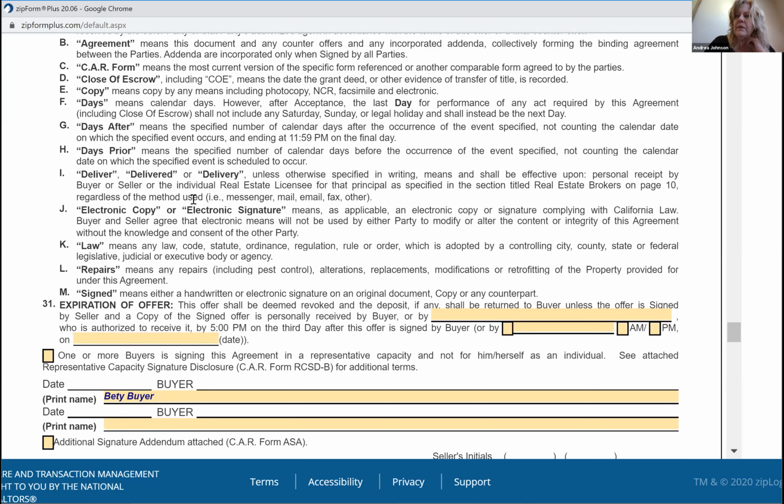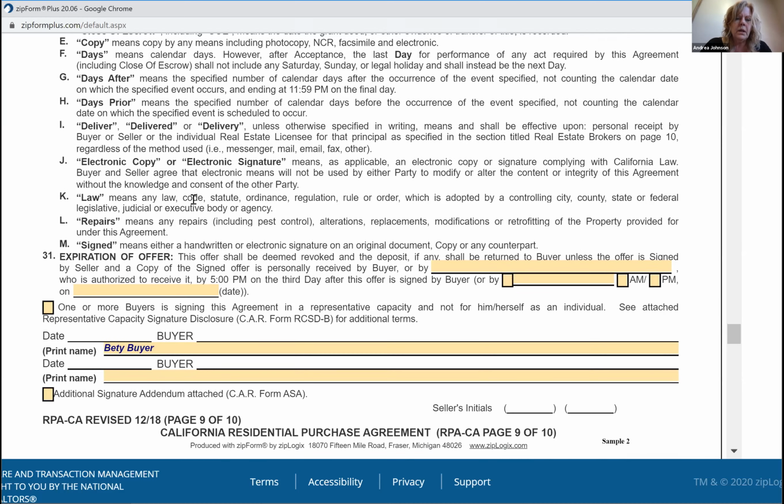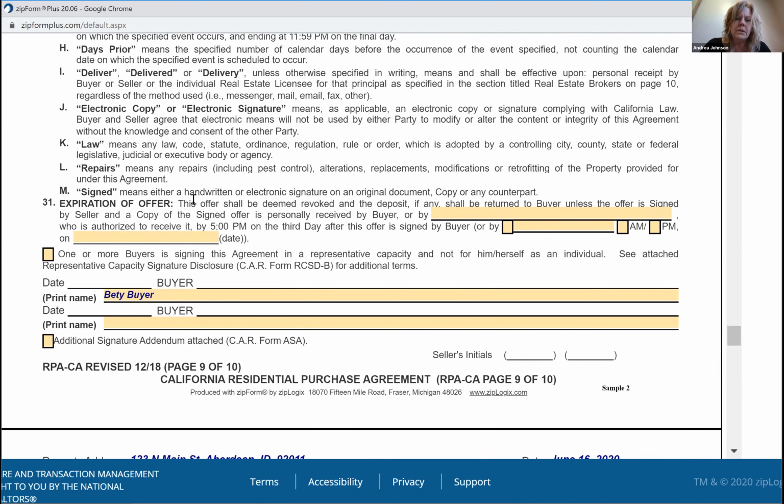The day that you're sending that notice doesn't count as one of the calendar days, so it would be 2 days after and expiring at 11:59 p.m. So the buyer, if you're asking for contingency removal, they don't do it by 11:59 p.m. on the second day. At 12:01 a.m. on the following day you can cancel, the seller can send the cancellation if that's what they're inclined to do. Okay.